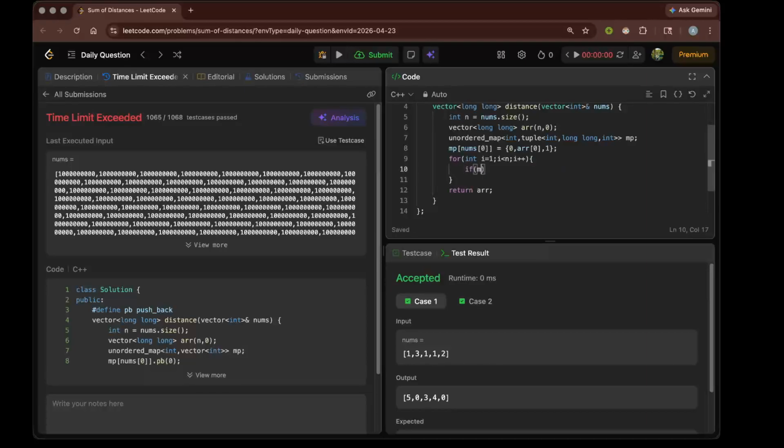If mp dot count nums of I, that is found, if it is found, ARR of I is going to be, wait, if I know the index, do I require this thing? Because we will get that from the ARR of that. Yeah, so pair of int comma int.